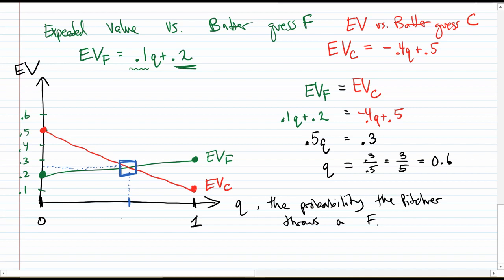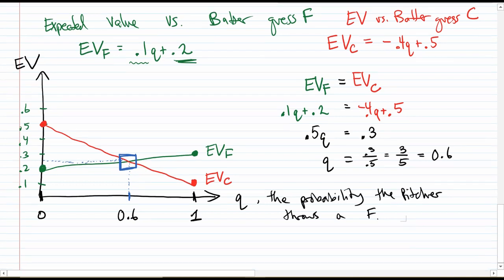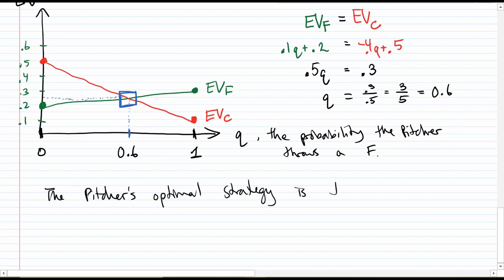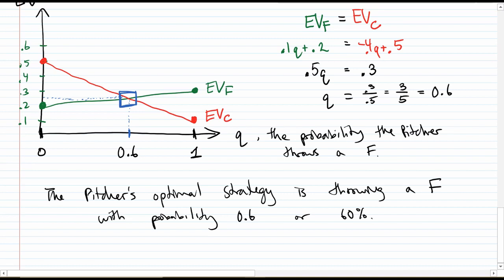Now what does that mean? It means that the q value where these intersect is 0.6. So our optimal strategy, the pitcher's optimal strategy, is throwing a fastball with probability 0.6, or 60% of the time.